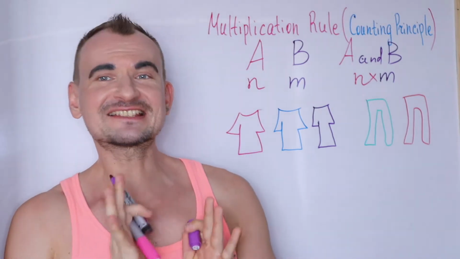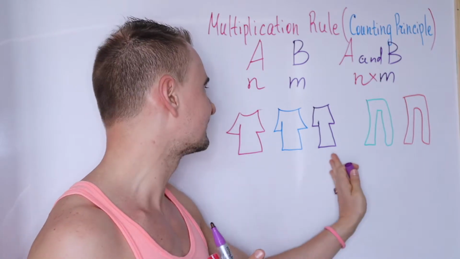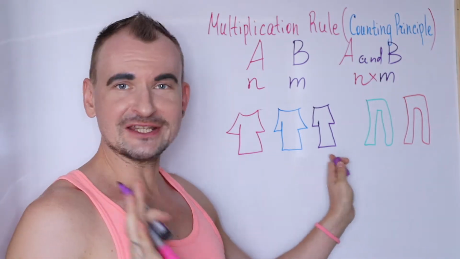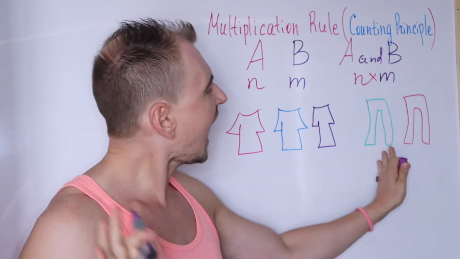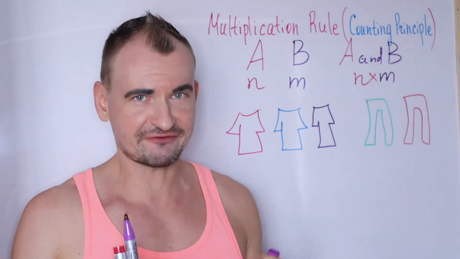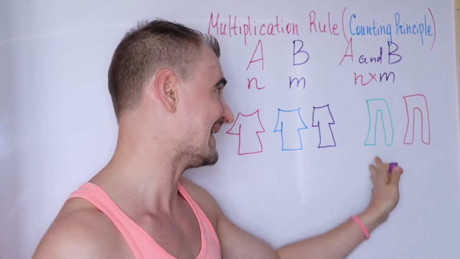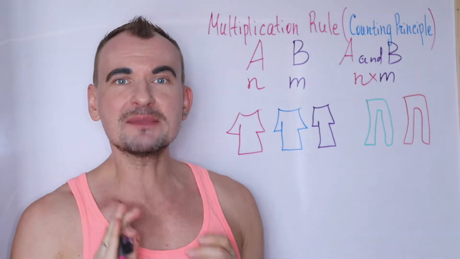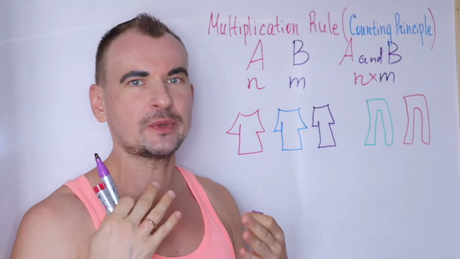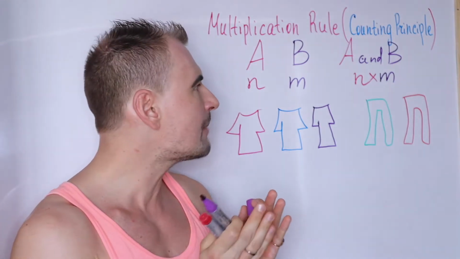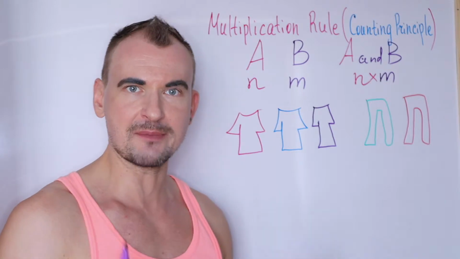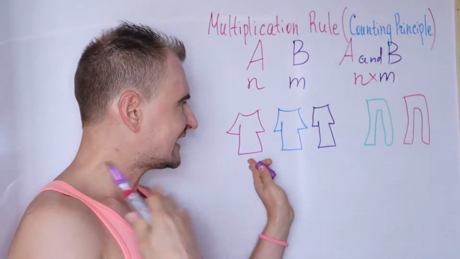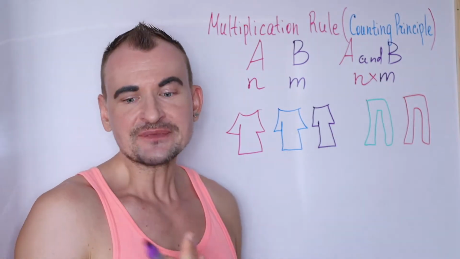All right. Let's say someone has 3 different t-shirts, and also 2 different trousers or pants. So the question might be asked, in how many different ways could you come up with an outfit, a combination of a t-shirt and pants.